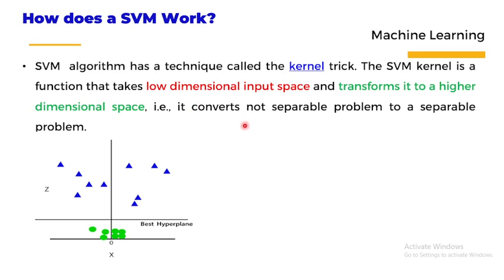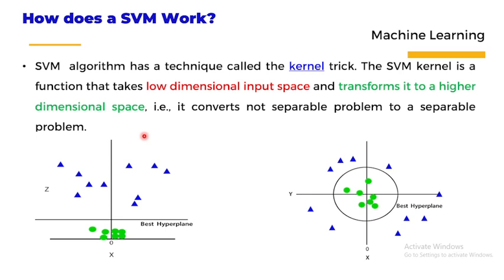That is, it converts the non-separable problems to separable problems. That's why SVM is so popular, because it can classify non-linear data.